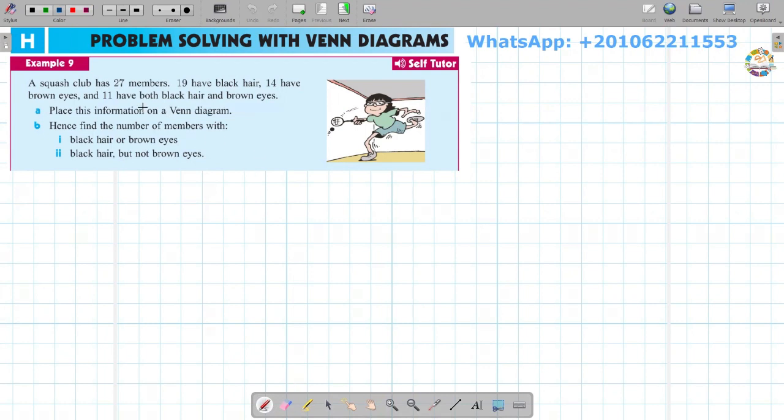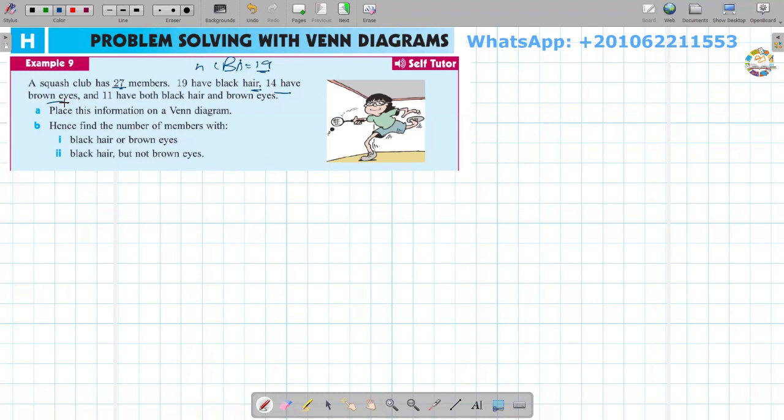First example: a squash club has 27 members. The club has 27 members, and 19 have black hair, so black equals 19. The number of black is represented by 19. And 14 have brown eyes.